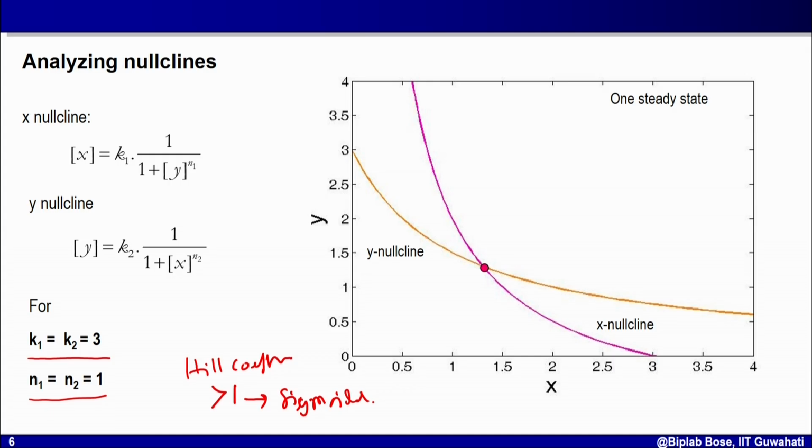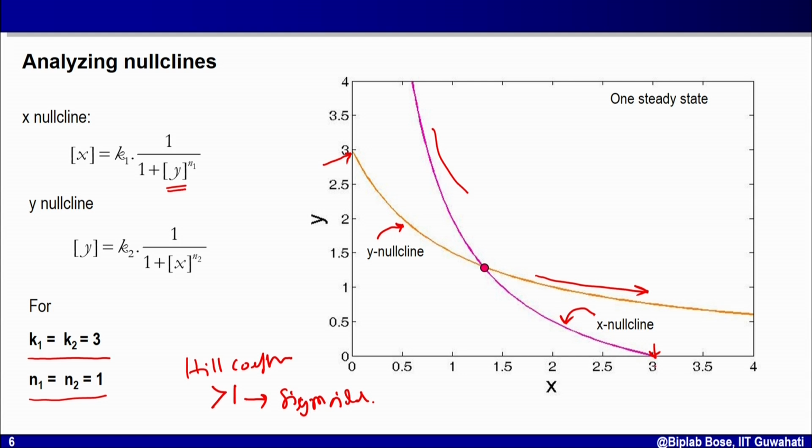And when x equal to 0, y will be equal to k2. That means this is my y nullcline, the yellow one. So when x equal to 0, it is intersecting at y equal to 3. And as you can see, this is not a sigmoid, the y nullcline is a hyperbolic one. Similarly, the x nullcline is this pink one, and it is also hyperbolic, and it is intersecting the horizontal axis at 3, because when y is equal to 0, x is equal to k1.